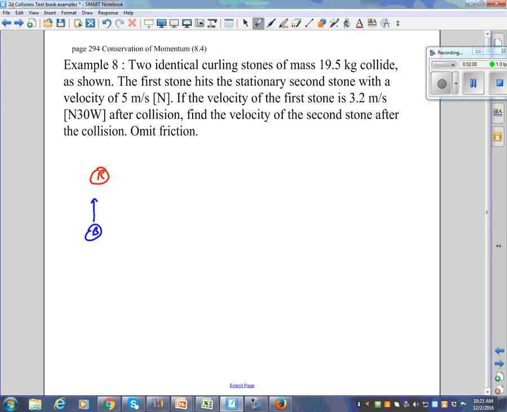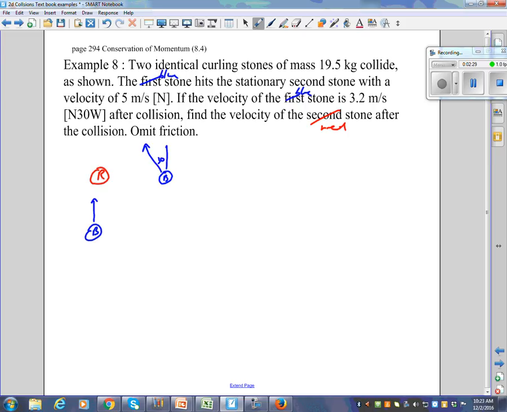Okay, and maybe what I should do, the first stone, so let's change this to blue, and change that to blue, and the second stone is the red one, right? So afterwards, the velocity of the blue stone is 3.2 at north 30 west. So afterwards, north 30 west, the blue one's doing this.